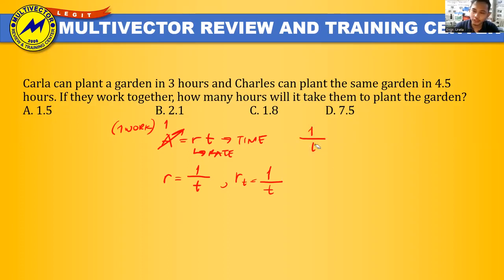So we just sum the rates. The total rate is just equal to R1 plus R2. But the total rate is 1 all over the time t, which is just equal to 1 all over T1 plus 1 all over T2.